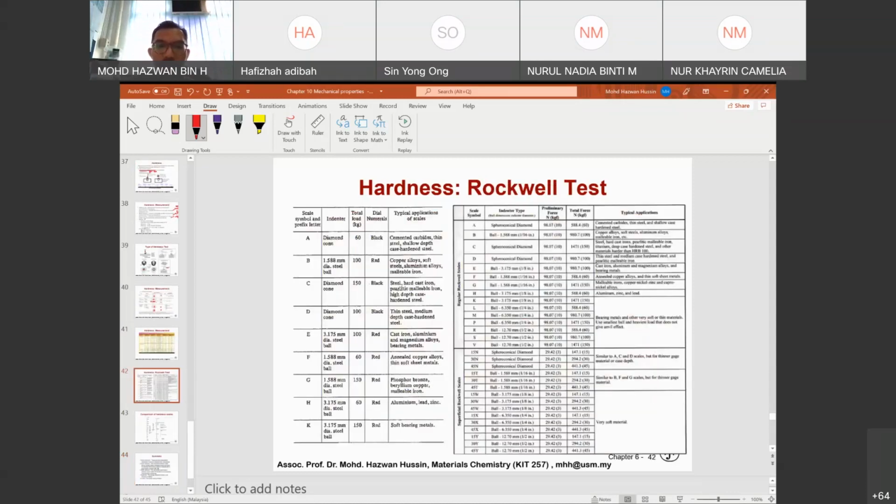So as a suggestion, if you want to do tests on different types of metals, you can use Rockwell with different indenters: diamond cone, steel ball, and others.